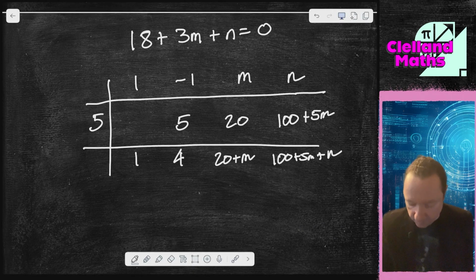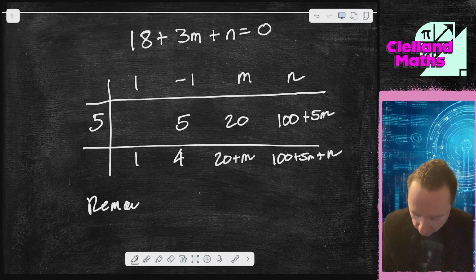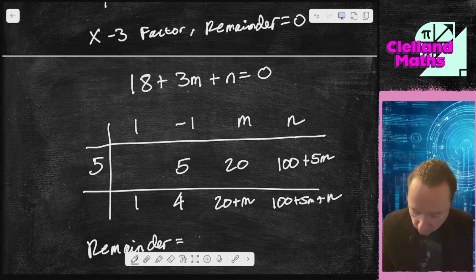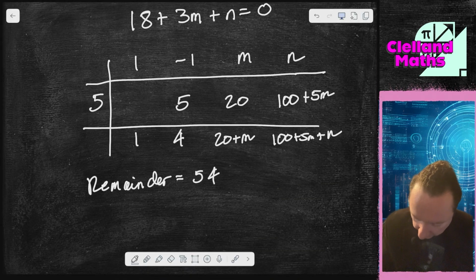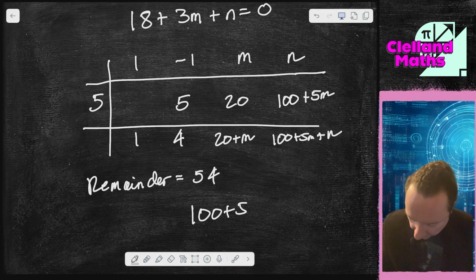But we say that the remainder, remember, which is that last position, was equal to 54, I think. So now all we need to do is say 100 plus 5m plus n equals 54.